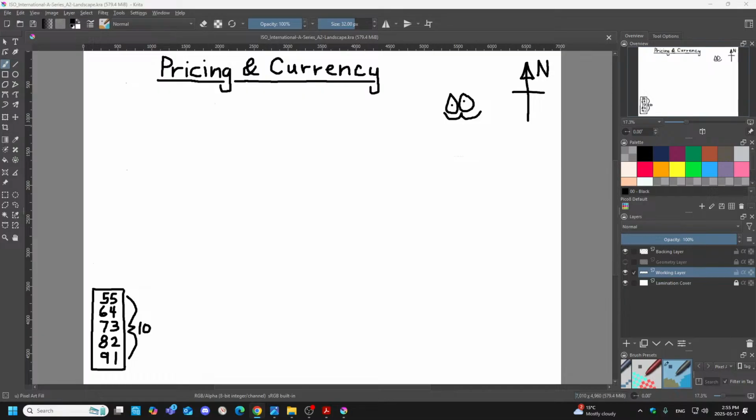Okay. Exchange rate definition. Exchange rates are defined as the price of one country's currency, depending on what country you live in in relation to another country's currency. You'll use that if you're traveling to another country, which I've never done in my life. Never experienced the world, sadly.